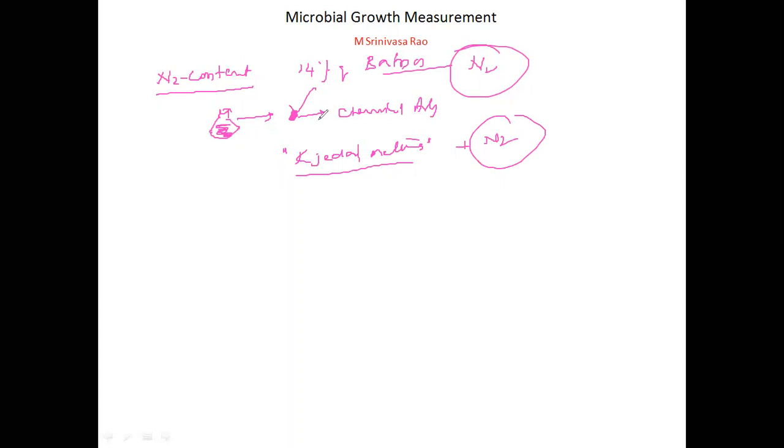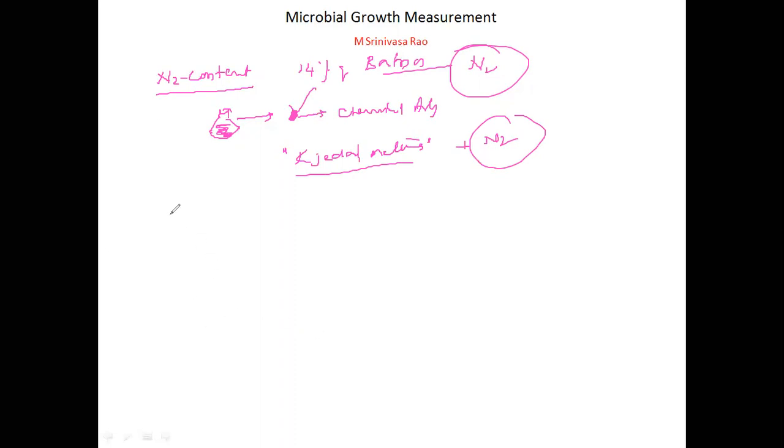The bacterial nitrogen determinations are somewhat laborious and can be performed only on specimens free of all other sources of nitrogen. But it is one of the constrained methods, and sometimes we can use this method for estimation of the nitrogen content.